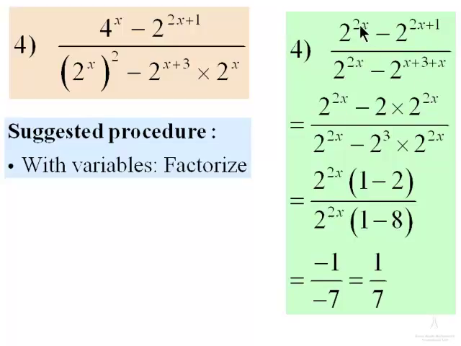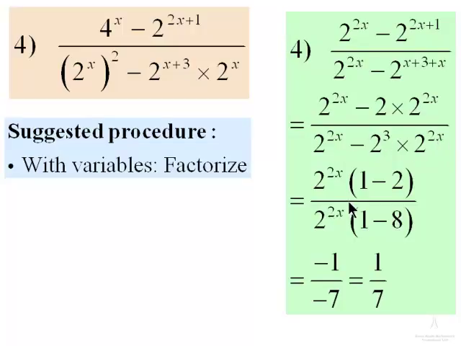It is then clear that you can take 2 to the power 2x out as a common factor in the numerator, and the remaining factor is 1 minus 2. And of course in the denominator, after you've added these two exponents, which results in 2 to the power 2x plus 3, or if you split it, 2 to the power 3 times 2 to the power 2x.